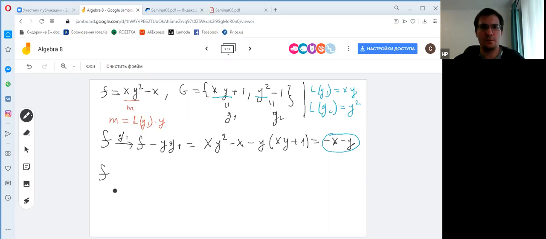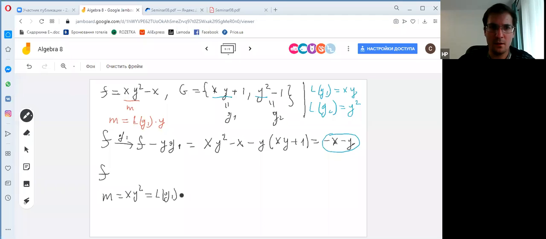We say that this monomial m, which is x y squared, is equal to y squared, the leading term of g2, multiplied by x. So we can reduct f by g2 and obtain f minus x multiplied by g2.